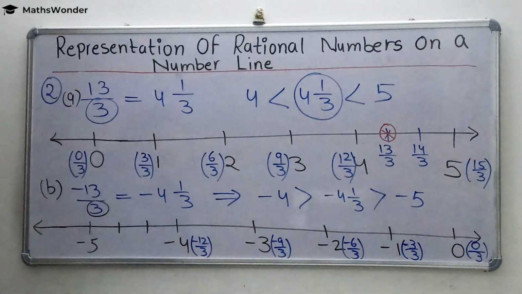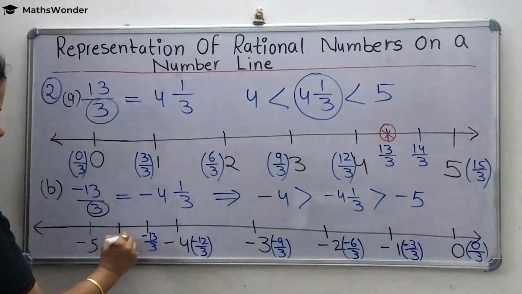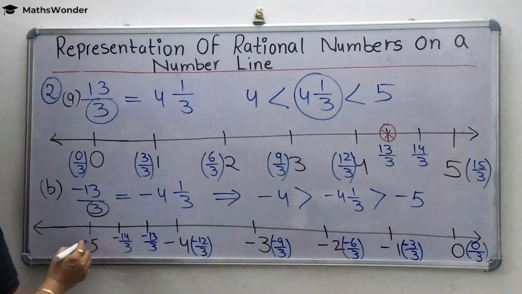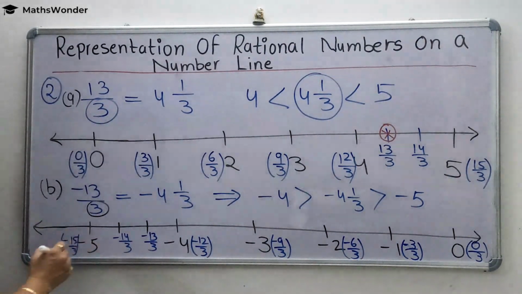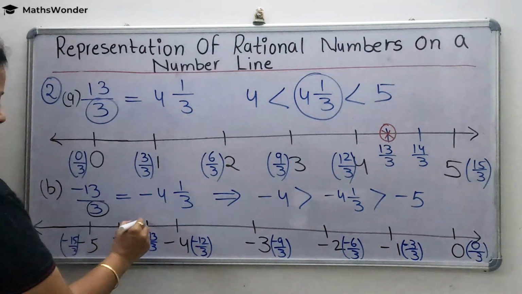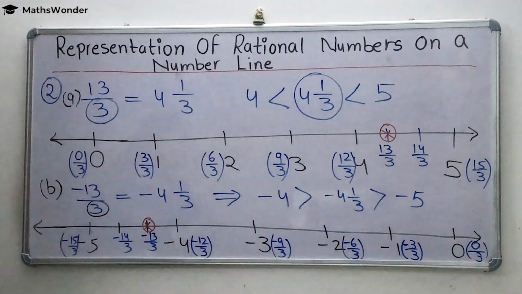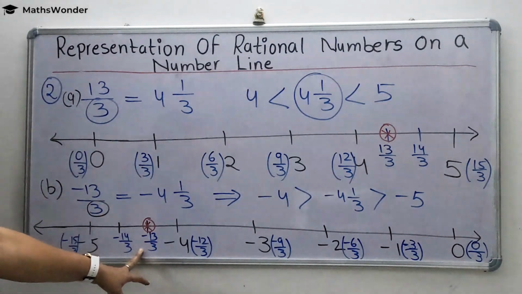After negative 12 over 3 comes negative 13 over 3, negative 14 over 3, and negative 5 means negative 15 over 3. That means we are doing it correctly. Negative 13 over 3 is here.